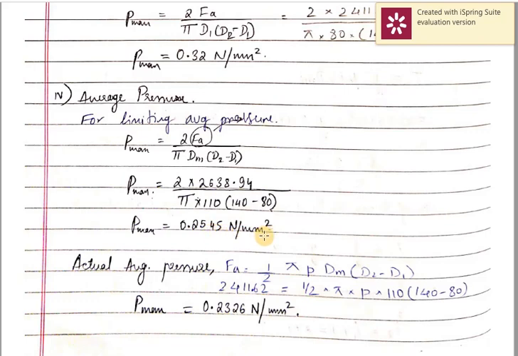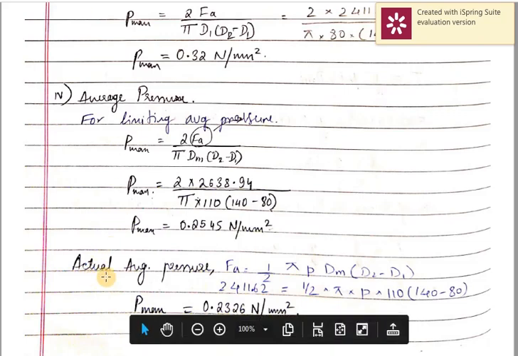Now to find the actual pressure, that is to find actual average pressure, we have this equation Fa is equal to 1 by 2 pi into P into dm into d2 minus d1.